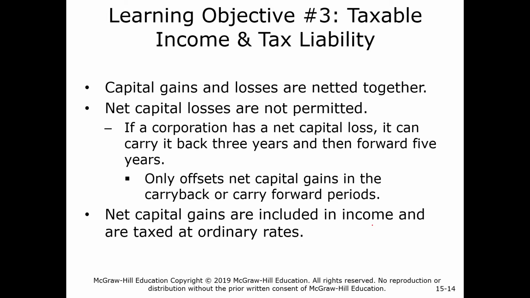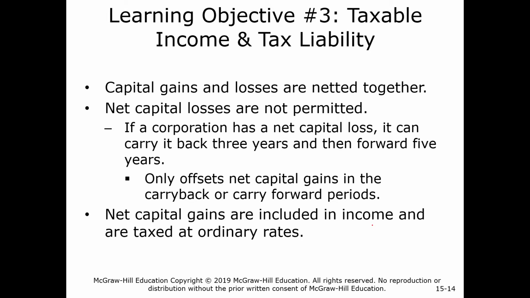Remember, individuals were allowed to deduct up to $3,000 of net capital losses that exceeded capital gains. But corporations can only deduct capital losses up to capital gains. If their capital losses exceed capital gains, they're going to have to carry that over.